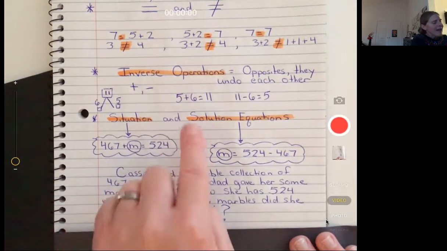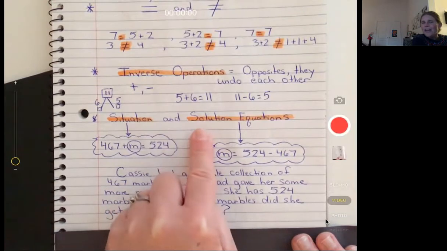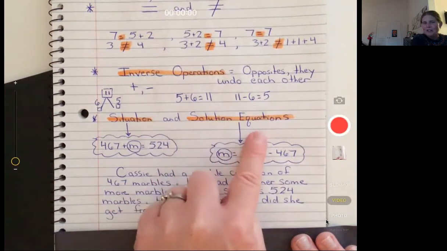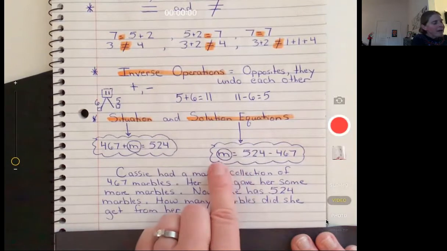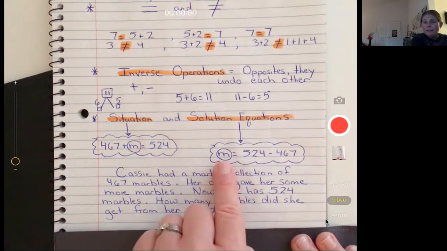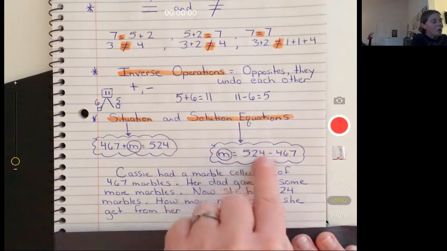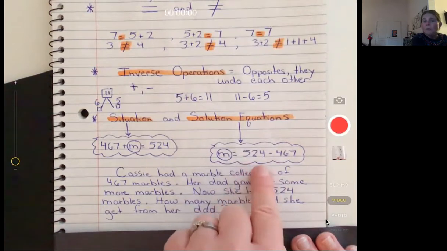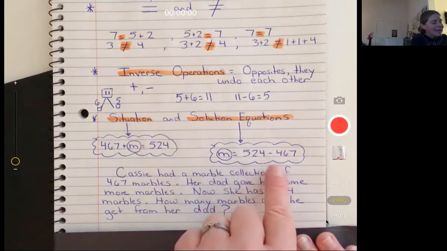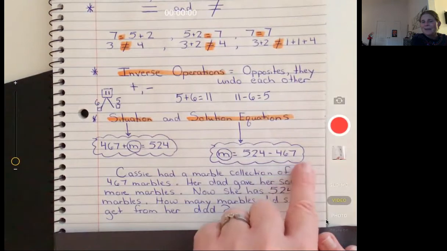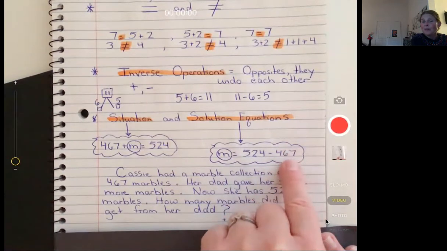Okay, and then there's something called a solution equation. And what we do there now is we have to solve for M. I have to solve for the marbles she got from her dad. The way I could solve for M is I can say that M equals her new total, 524 marbles, minus 467, because that's what she started with.